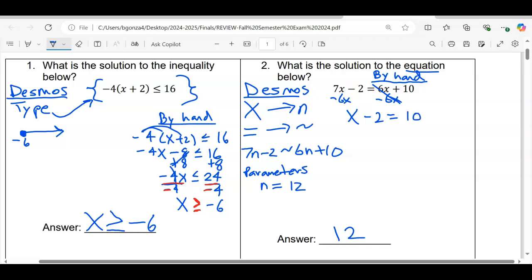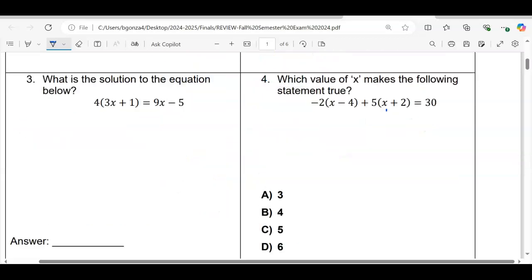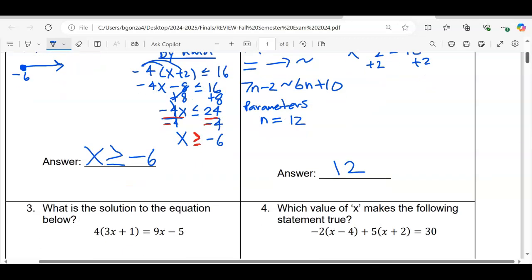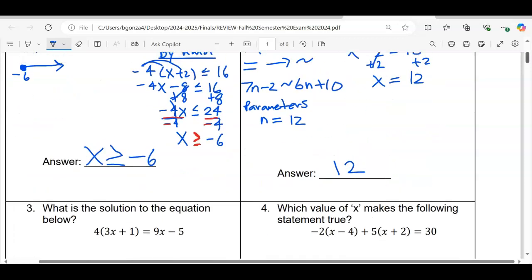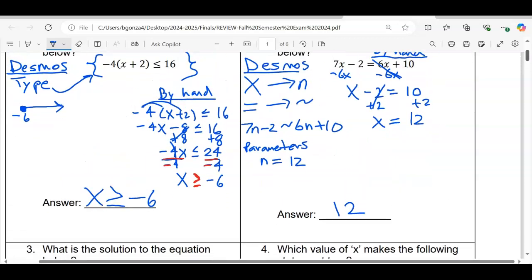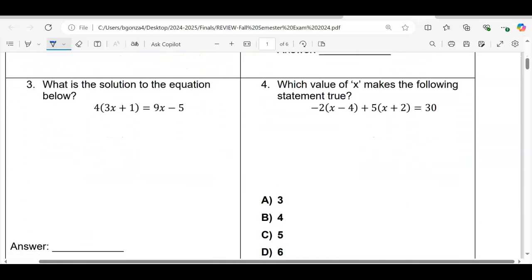And then you have a positive 10 over this side. Had to get rid of that minus 2. Plus 2. Plus 2. And what's 10 plus 2? 12. Sorry. So x equals 12. You can do it in Desmos, the easy way, or by hand. Both are great, but for this STAR test, I would suggest Desmos, okay?